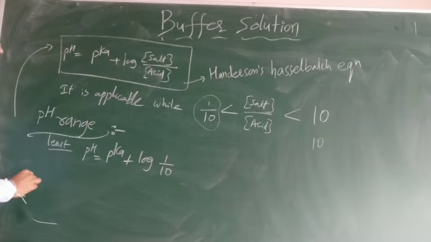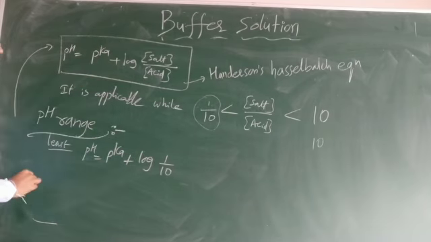What will the upper limit be? In the maximum case, pH equals pKa plus log of the maximum value, which is 10. Log 10 equals 1. So pH equals pKa plus 1. So the pH range is at most pKa minus 1 to pKa plus 1.